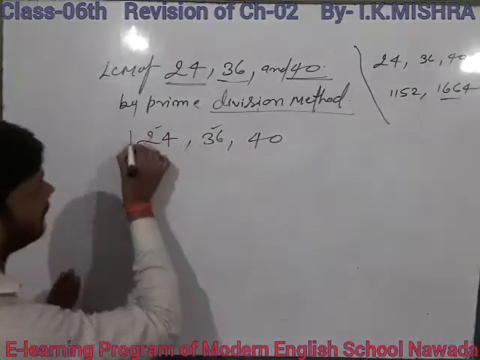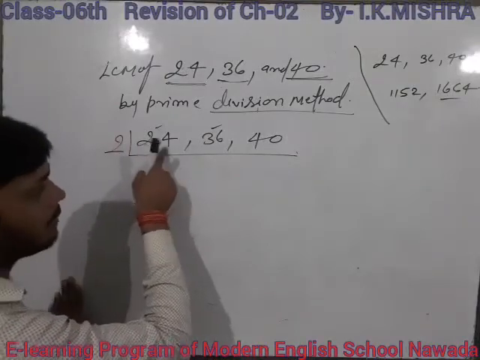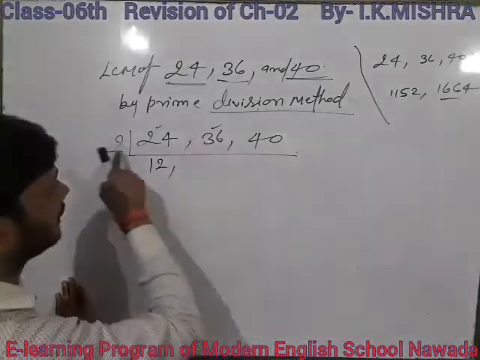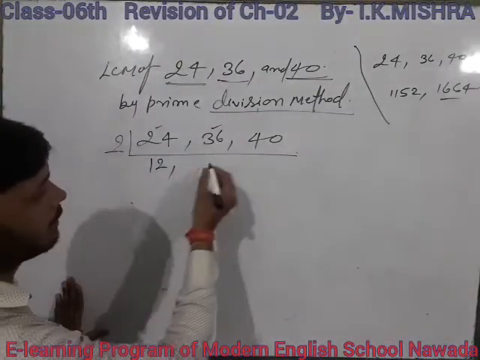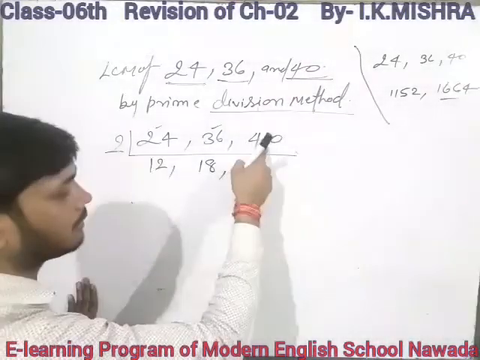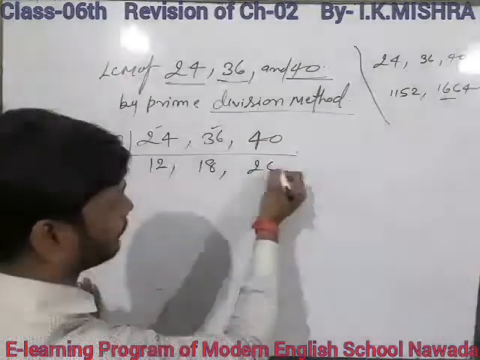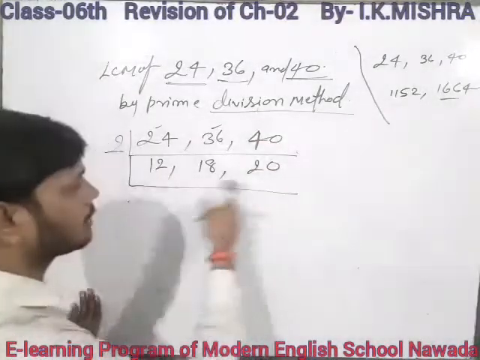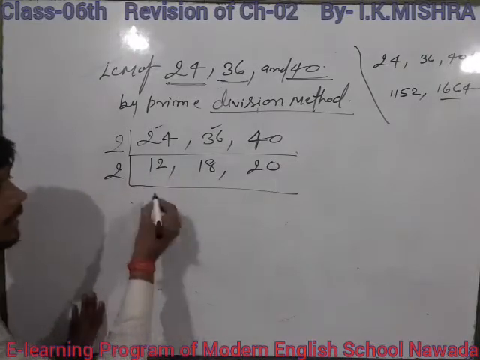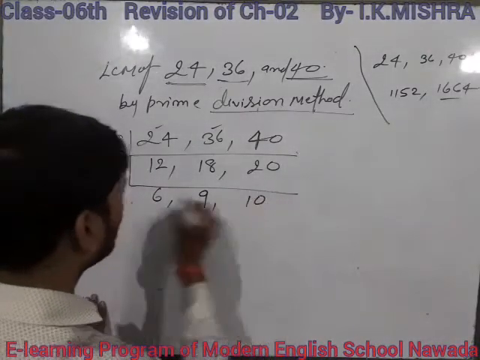So first of all divide all of these by 2, then it will be 12, 18 and 20. Again students, observe all of these are divisible by 2. So again divide: 6, 9 and 10.